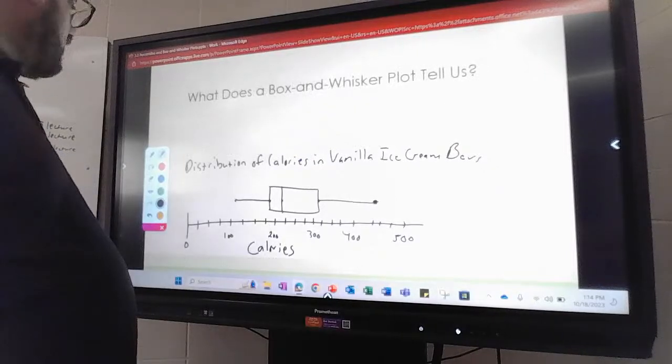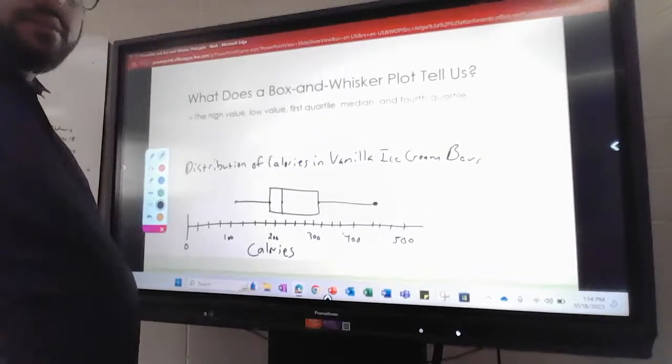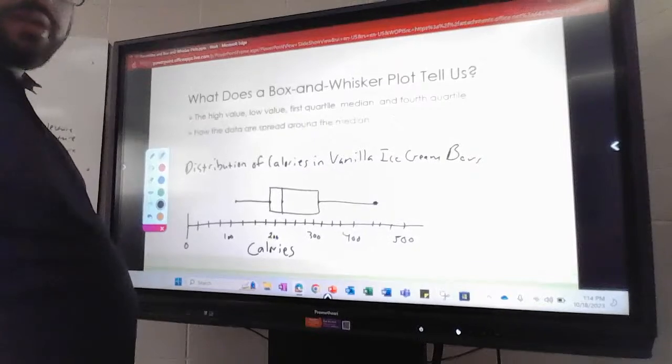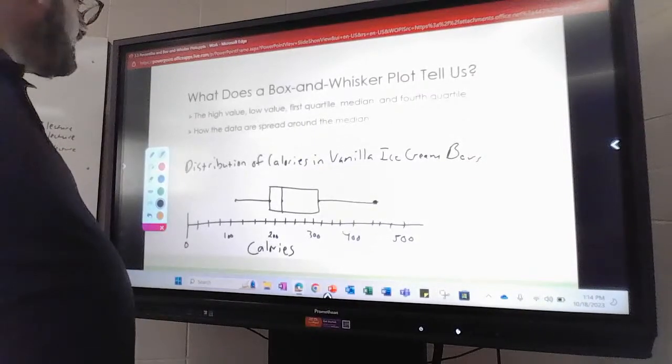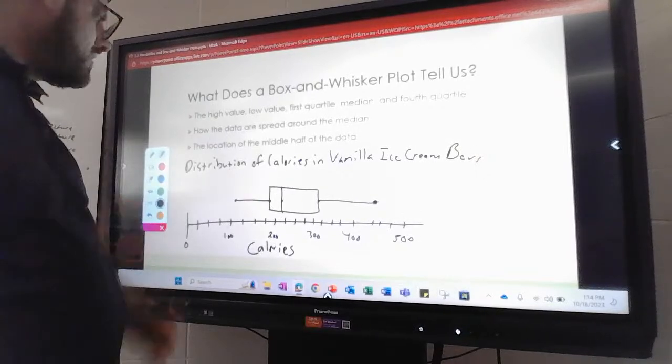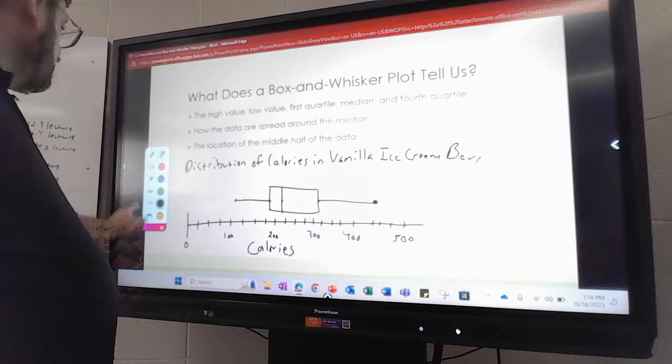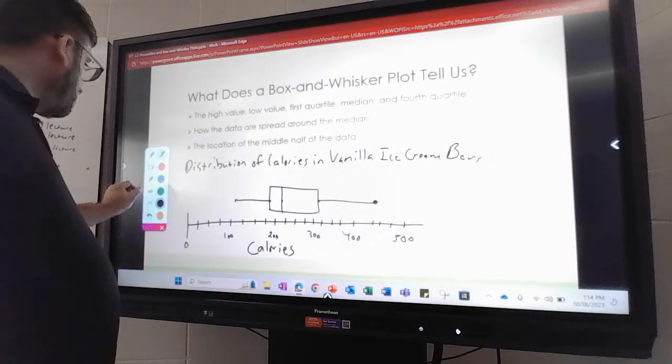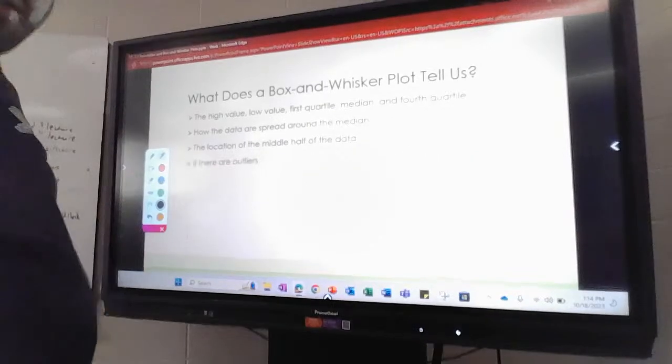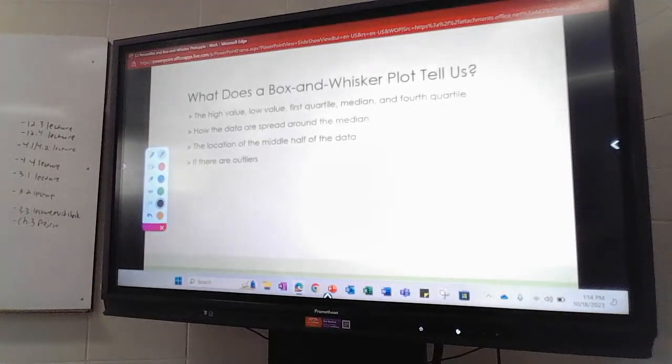But what does this actually tell us? Well, obviously, it tells us the 5-number summary. And of course, it tells us how much the data is spread around the median. That's by definition. And of course, it tells us where the middle half of your data is. But one thing that it also does is it tells us if there are any outliers. And here's how to do it.